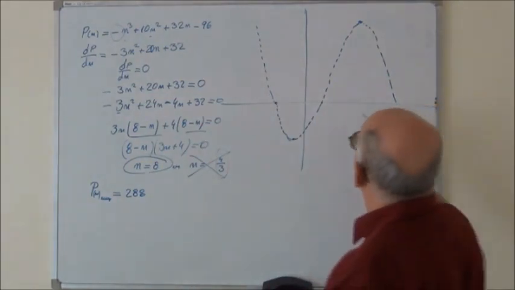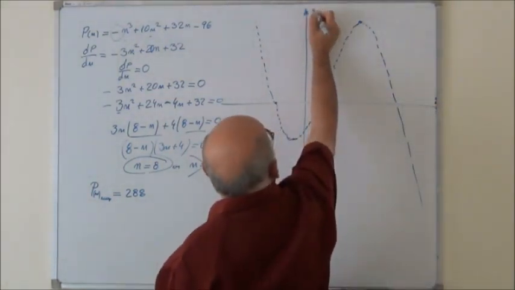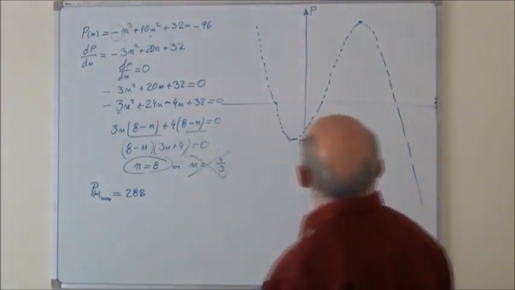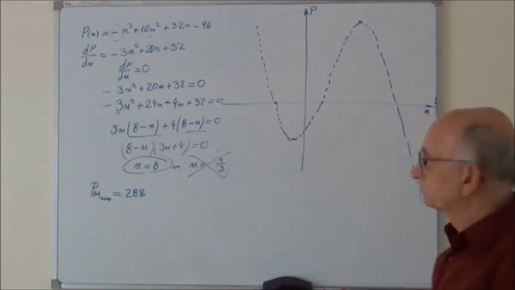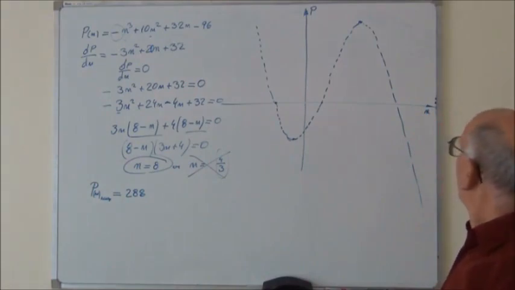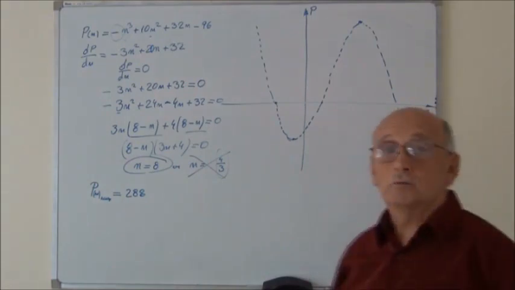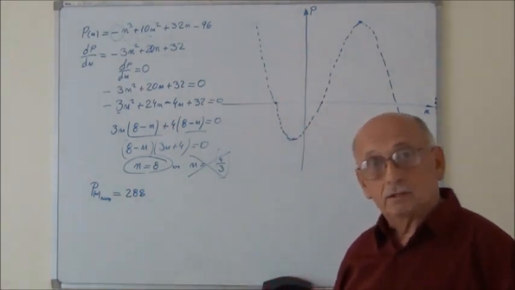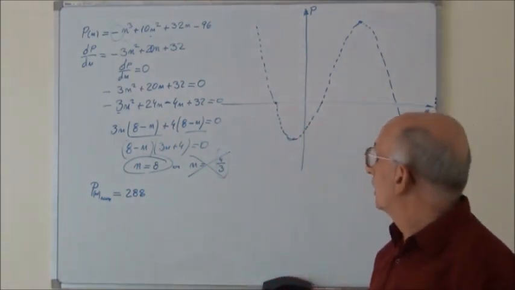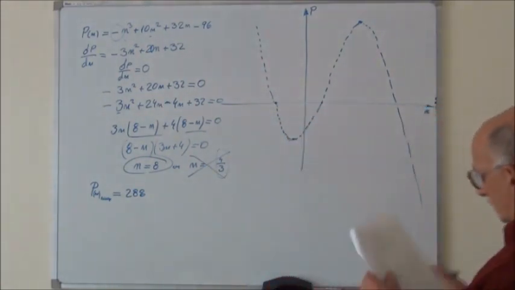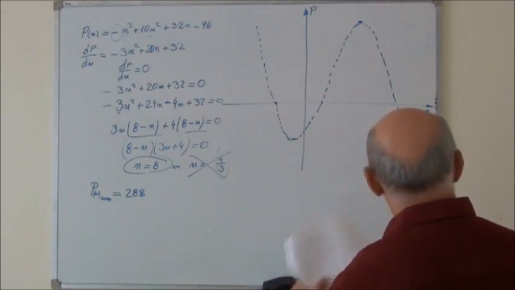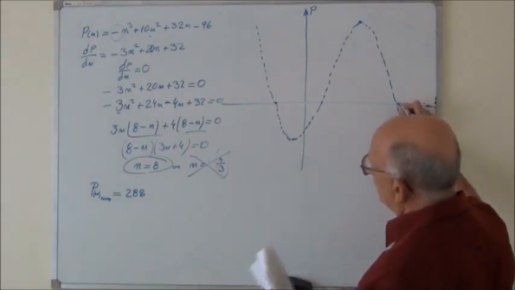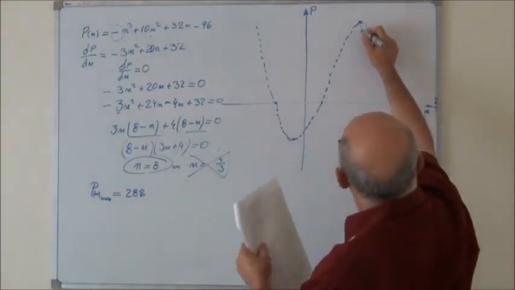You have to be careful because on the vertical axis you have profit. On the horizontal axis you have the number of people. Of course, profit can be negative. That's not a problem, because if, for example, looking at this graph, 1, 2, 3, 4, 5, 6, this is 8 people.